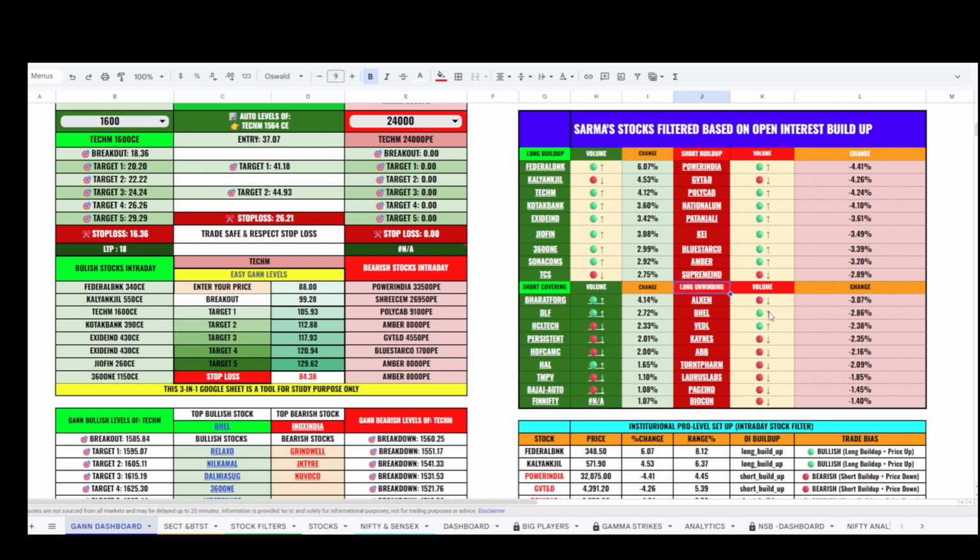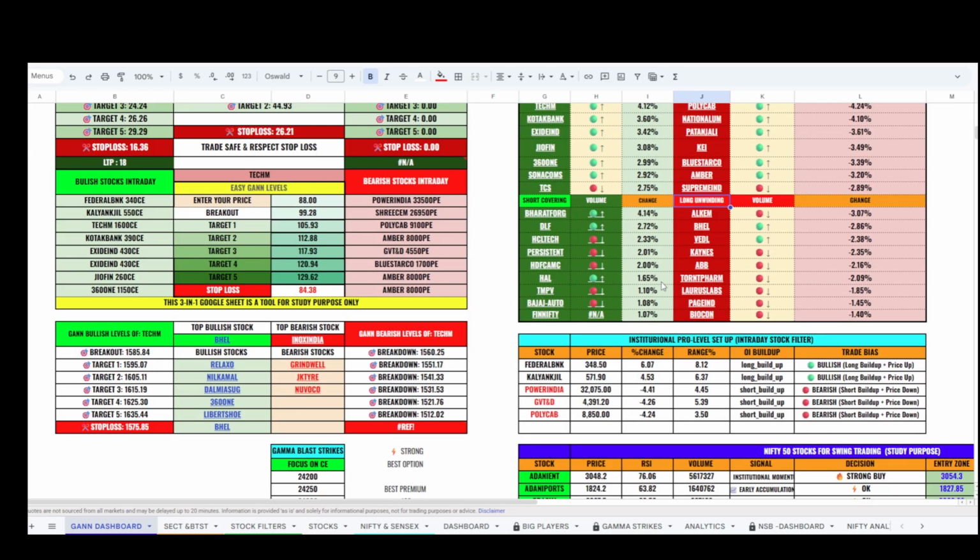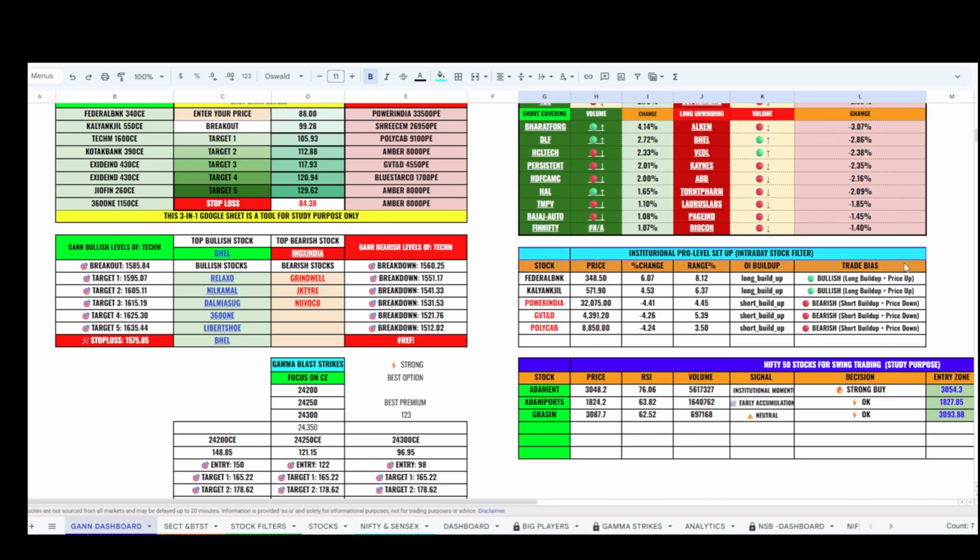These stocks are so powerful and so good. If you feel that the stocks are too many and you are unable to select, there is one dashboard given, institutional level. Only five stocks will come over here in the morning by 9:15 to 9:20, or even 9:30. This is a good time to select the stock and trade in them, and this also gives you good results.